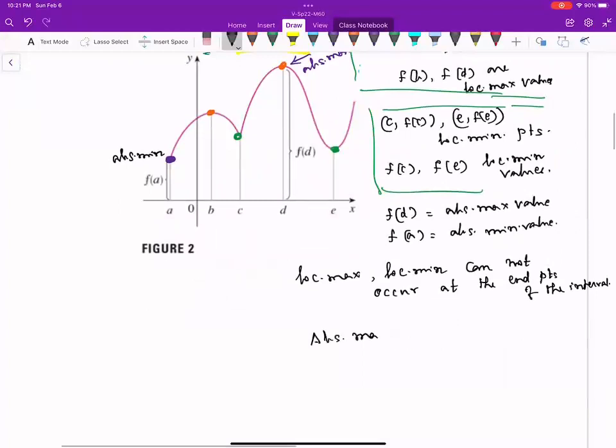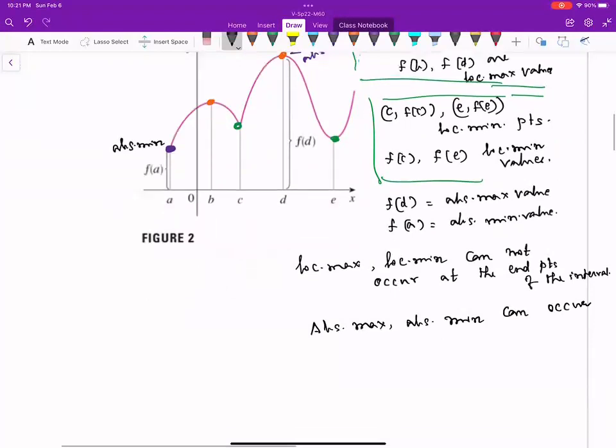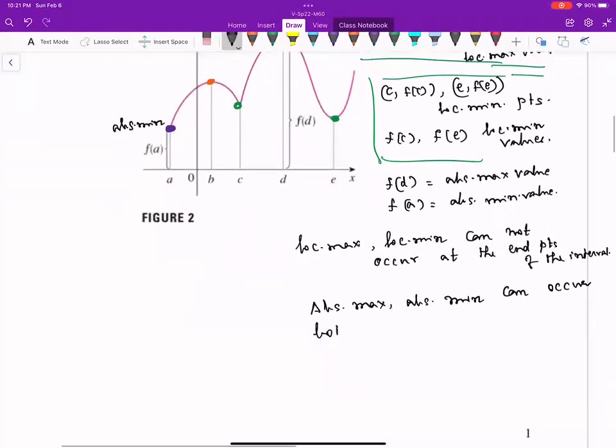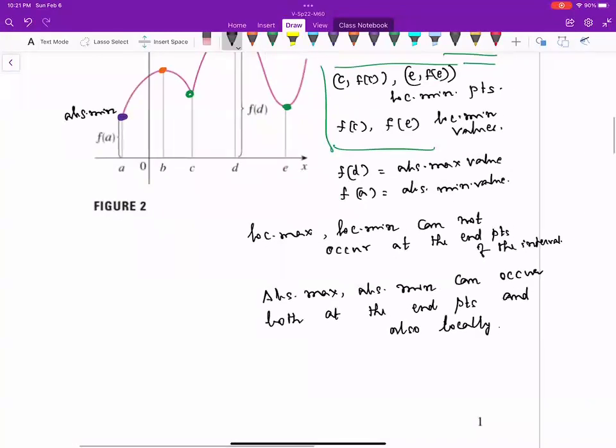Absolute max or absolute min can occur both at the endpoints and also locally within the interval.